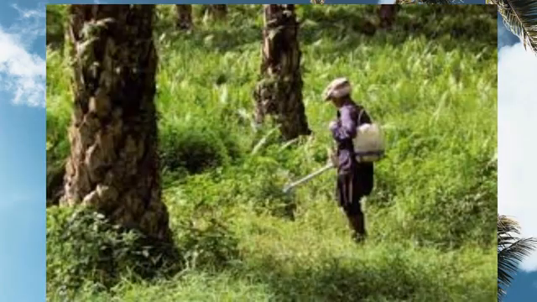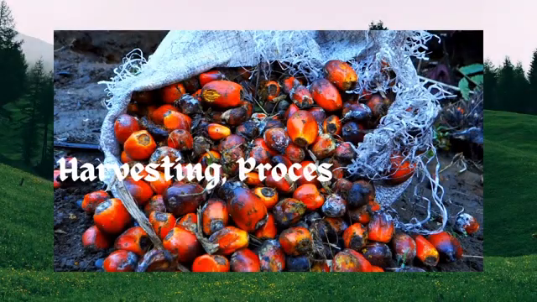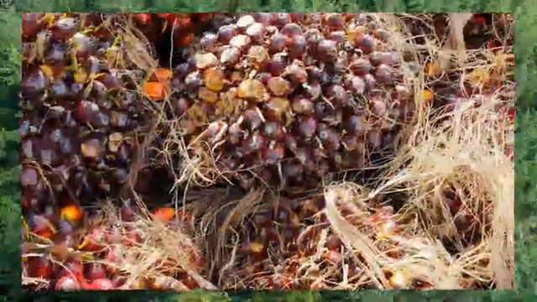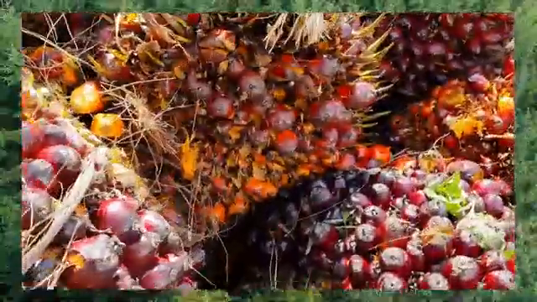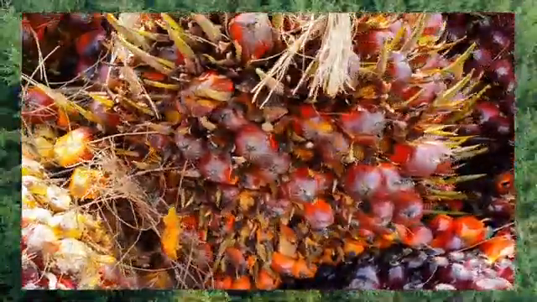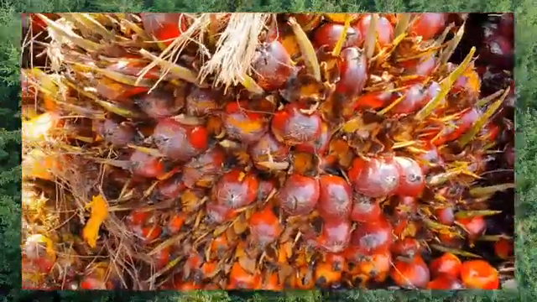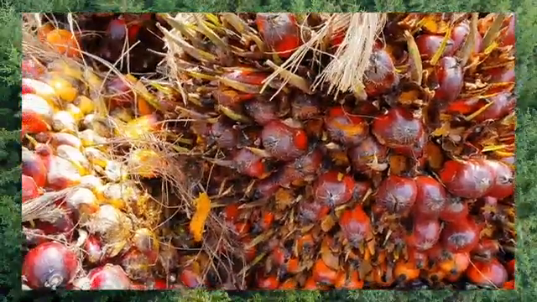Now moving on, we are going to be talking about harvesting, processing, and storage. Oil palm matures from 3 to 5 years onward, and it can have a lifespan of 50 to 100 years, depending on the variety.